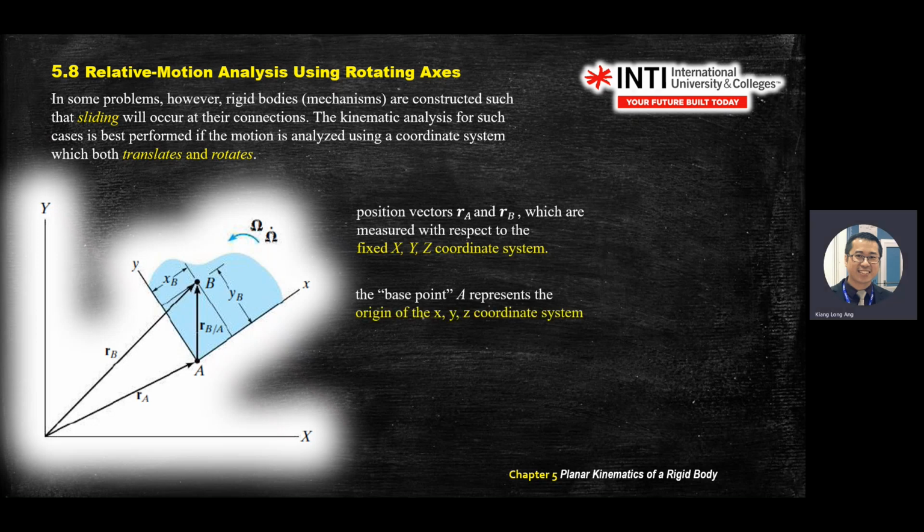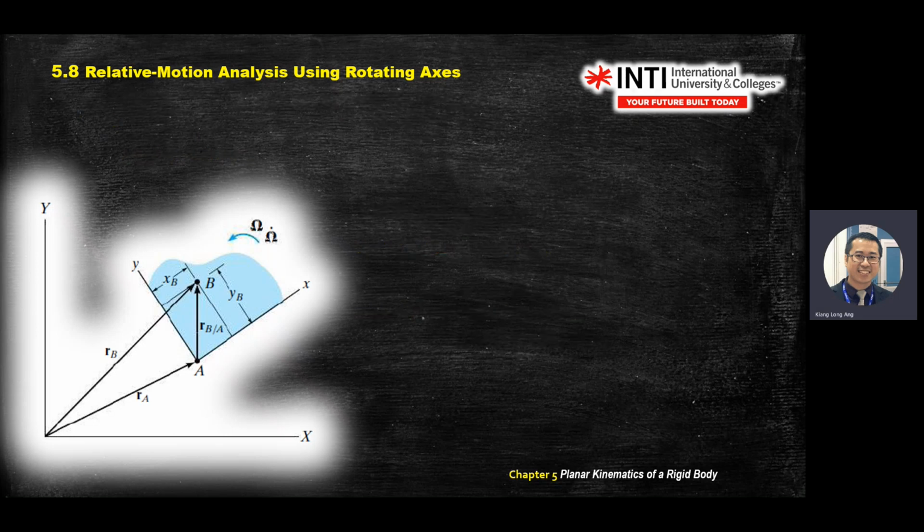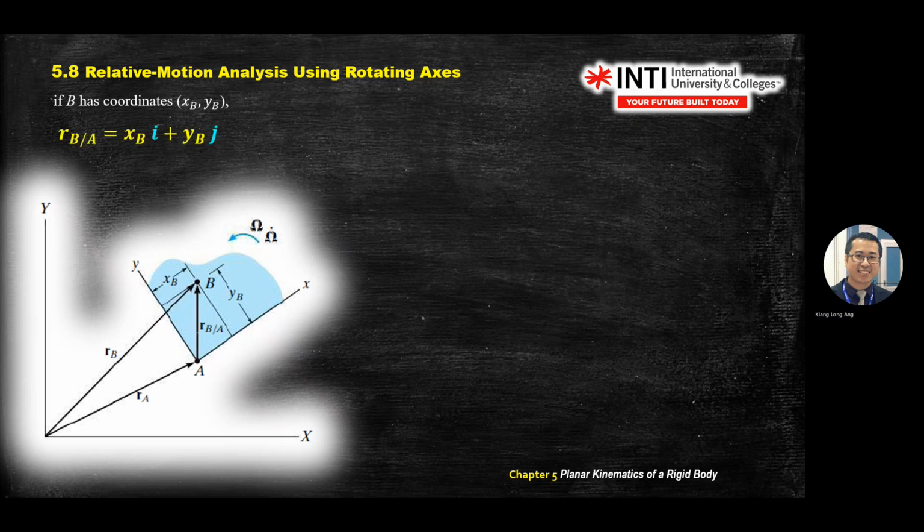Okay, I'll do it slowly. So you have two notations: one is big X, and one is small x and small y. We start to derive the equation by looking at RB stroke A, this vector. If you break RB stroke A into x and y directions, you get xB i, where the x direction is i, and then in the y direction you get yB j.